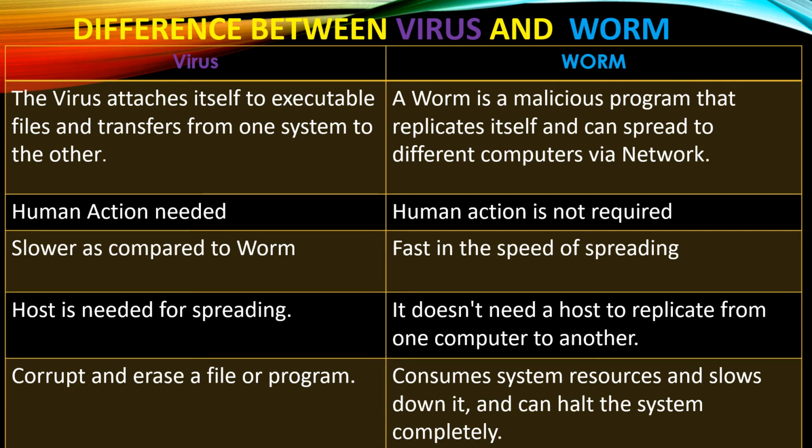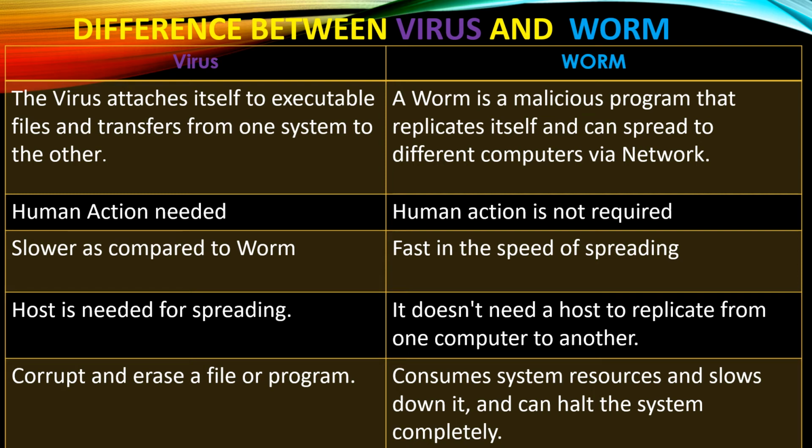Fifth question is difference between virus and worm. As you can see on the screen, I have divided virus and worm separately in the table. So first is the virus attaches itself to an executable file and transfers from one system to another system. On the other hand, a worm is a malicious program that replicates itself and can spread to different computers via network.